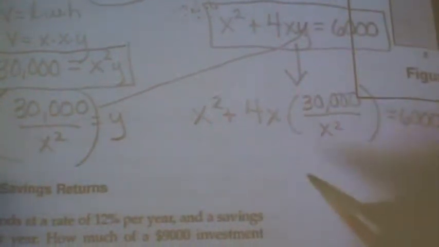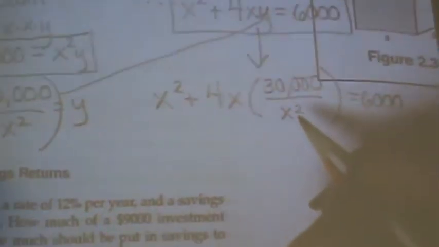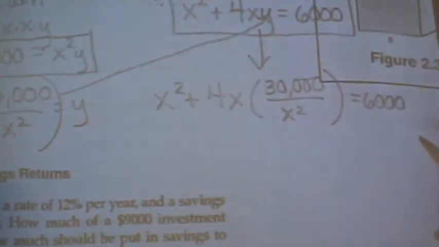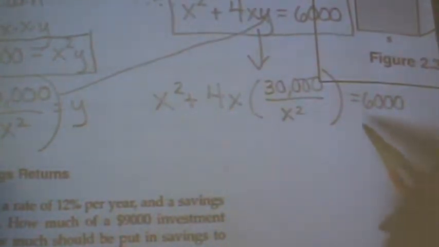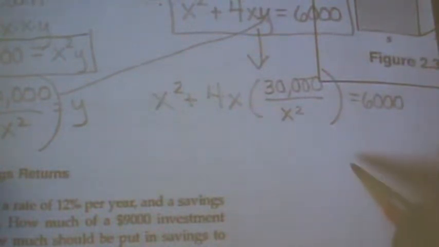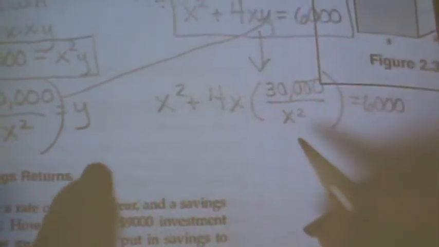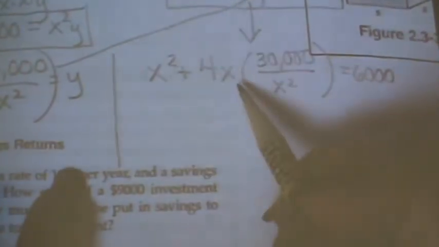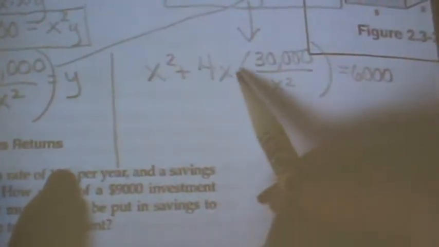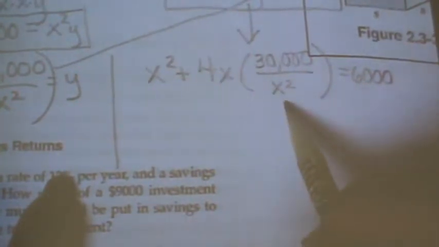Now, unfortunately, if you type this into your calculator, it's going to give you an error message on the Inspires, but on the 83s, you could do it. I'm going to ask you to simplify this just a little bit. What's something you could do with this problem? You can cancel one of these x's out.